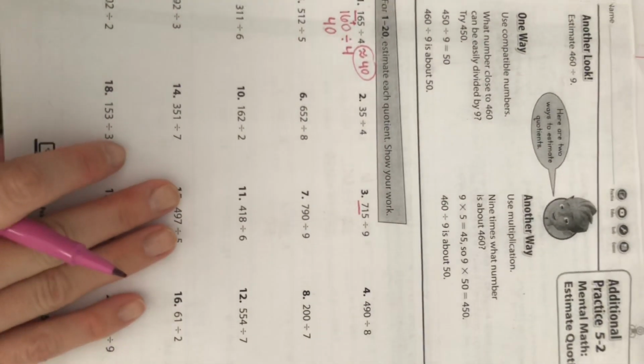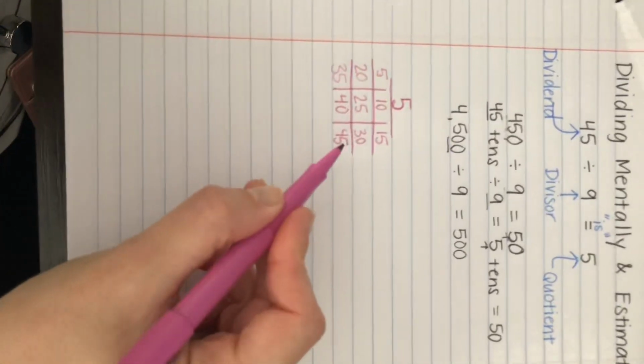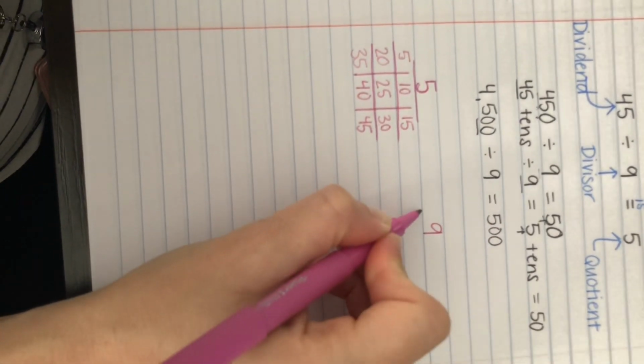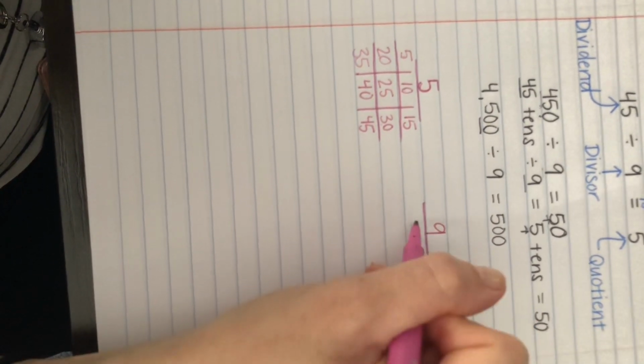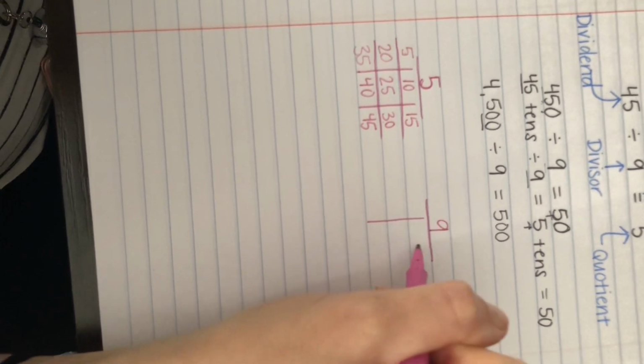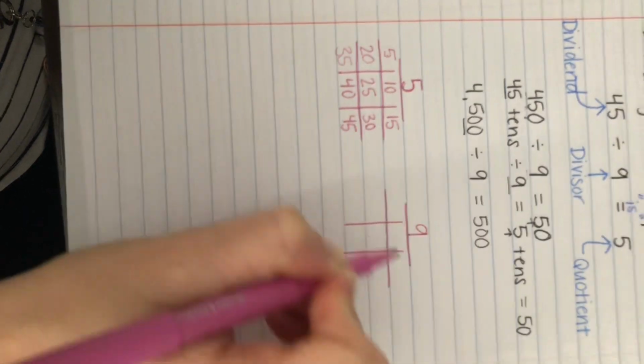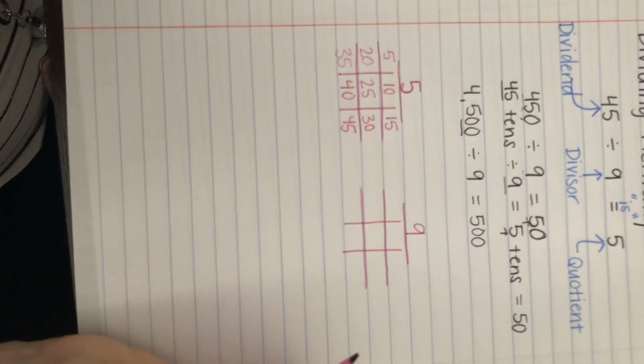And again, if we don't know our 9's times tables very well, we can come back to this list that we've already started with Tic Tacs, and we can make a Tic Tac for the number 9. Keep it nice and organized so that you can refer back to it if you have another problem that has a divisor with 9, so you don't have to rethink of what your 9's multiples are.